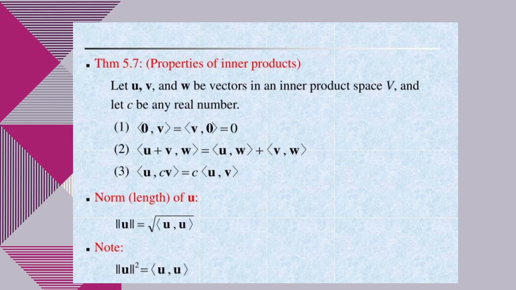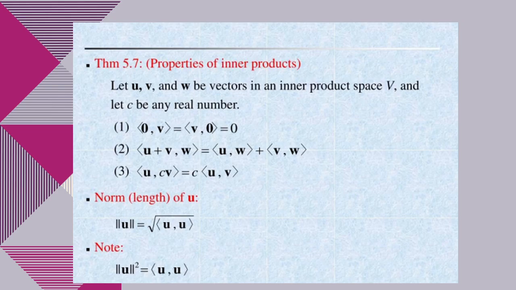So we have here the properties of inner products. An inner product also follows some extra helpful rules. First, the inner product of the zero vector with anything is always zero. Second, we can distribute the inner product over addition even on the left side: u plus v dot w equals u dot w plus v dot w. Third, a constant c can be pulled out even when it is multiplying the second vector.